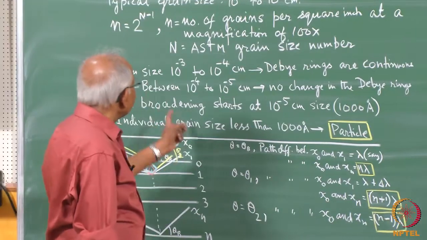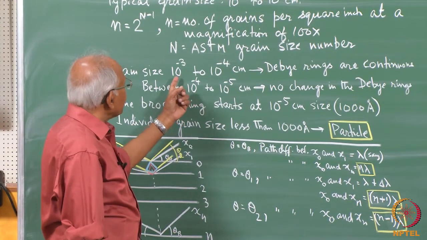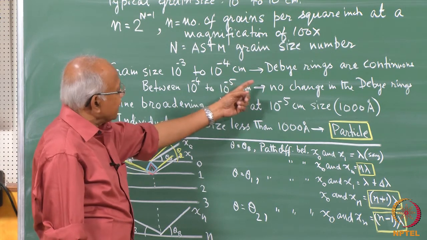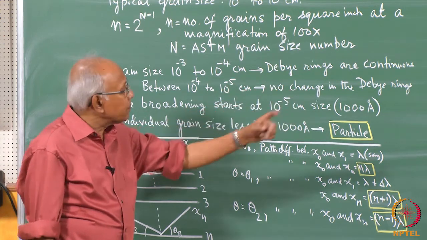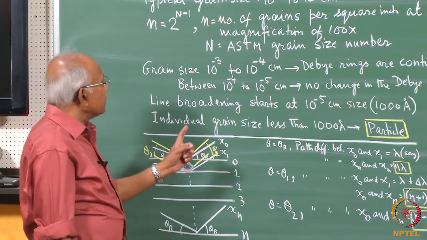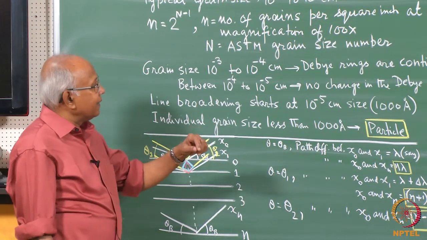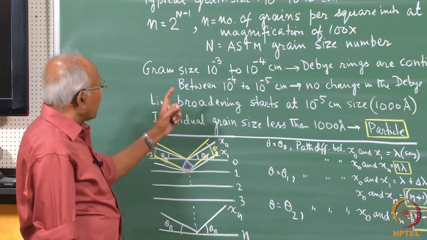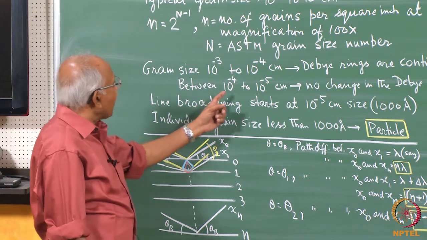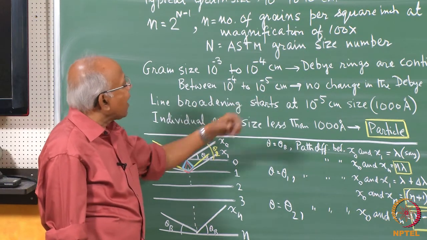So, as the grain size varies between 10 to the minus 3 to 10 to the minus 4 centimeter, the Debye rings become quite continuous. In fact, no change in the Debye rings is observed when the grain size varies between 10 to the minus 4 to 10 to the minus 5 centimeter.